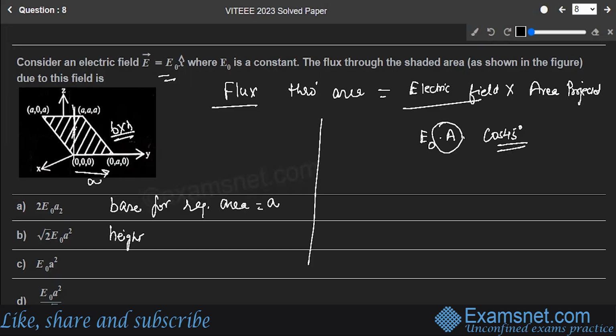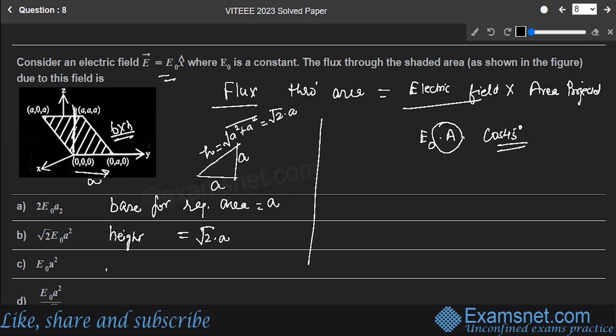Just imagine this is a 3D figure, so this height will be given by something like this. This is the base. This is the Z component of it. This is again Z. This is the height H. This is given by root of A square plus A square, which is equal to root 2 into A. So height is equal to root 2 into A.